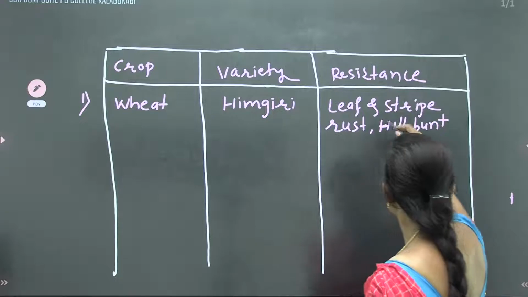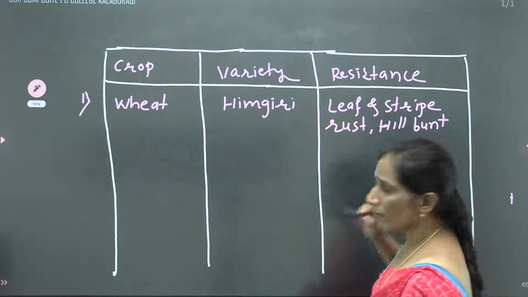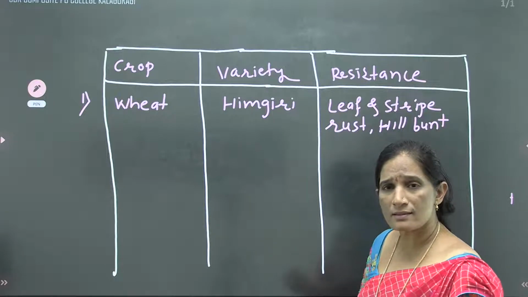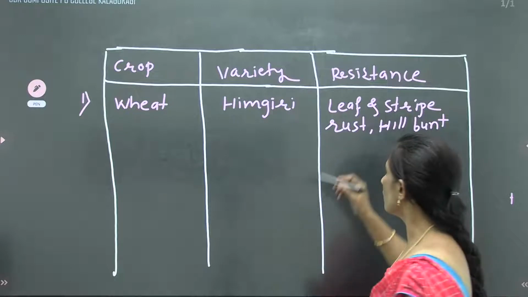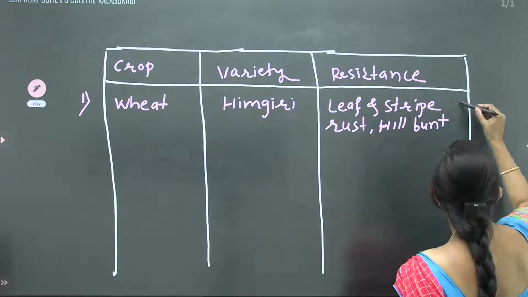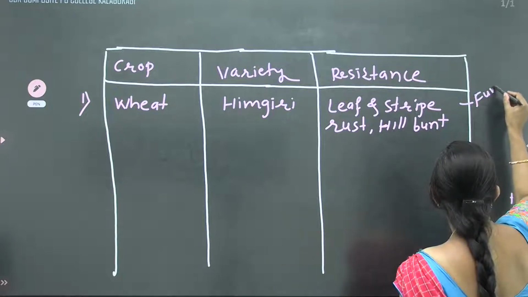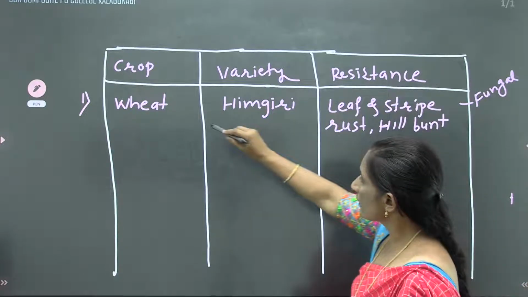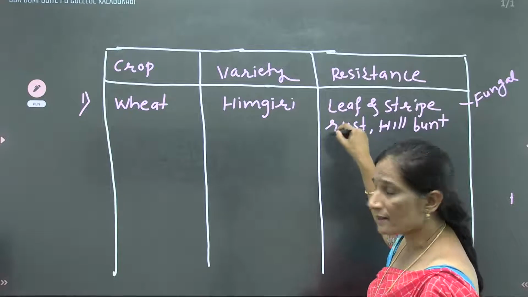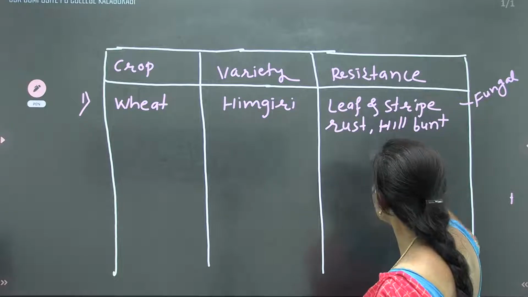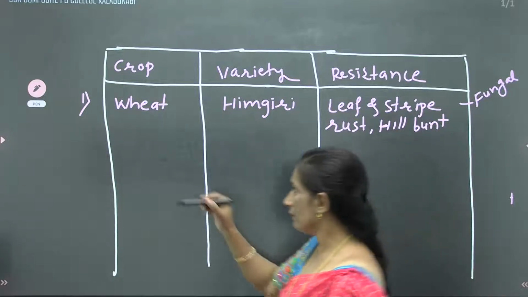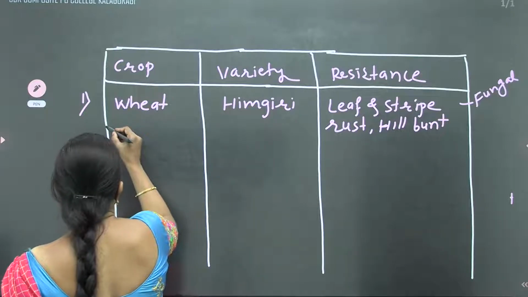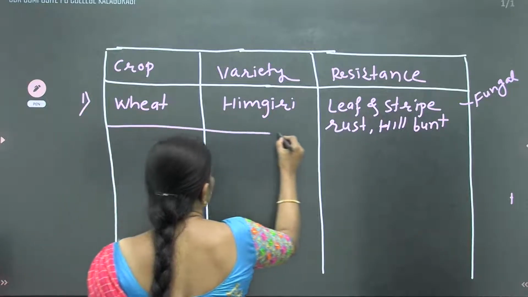Is this a fungal disease, a bacterial disease, or a viral disease? This is a fungal disease. Is it clear? So wheat is resistant to which disease? Resistant to leaf and stripe rust, hill bunt. Okay. Moving to the second crop.